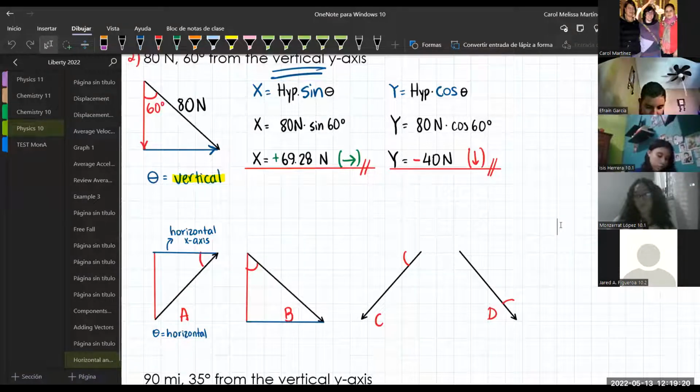Okay, in the B, my angle is touching the axis in this side. What side or what axis is that? Vertical or horizontal? Vertical. Or your y-axis. So here we say that this angle is vertical.